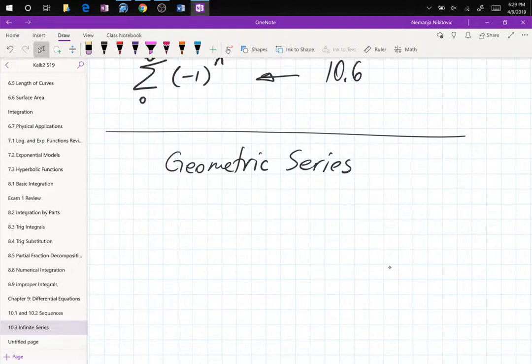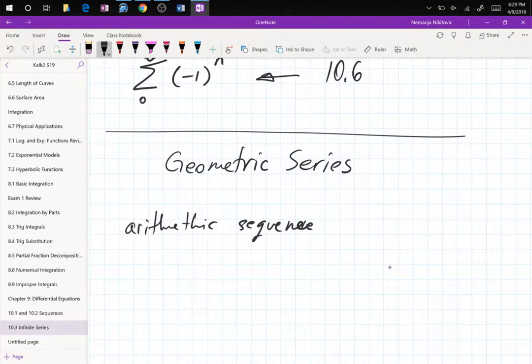An arithmetic sequence has this property: your A2 is equal to A1, your AN is equal to AN minus 1, so previous term, plus some difference D. So this is an arithmetic sequence.